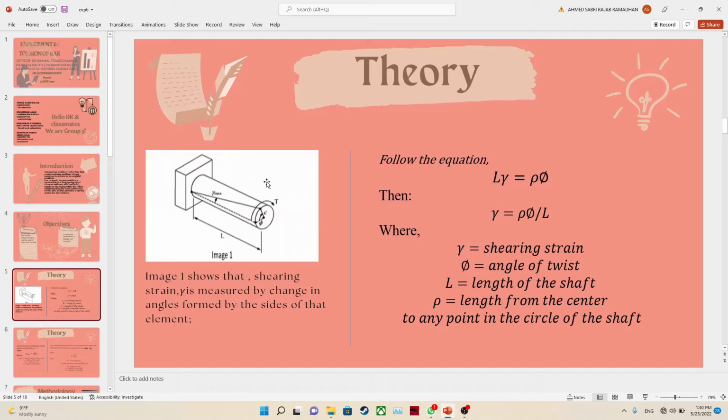This image shows that the shearing strain γ is measured by the change in angles formed by the sides of that element.